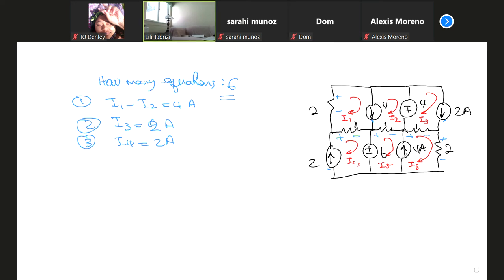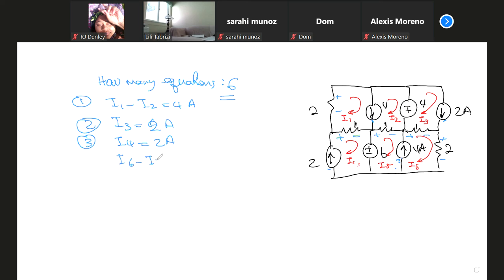Let me go to Portillo. What about this current source? This current source is between loop 5 and loop 6. So would it be I6 minus I5?